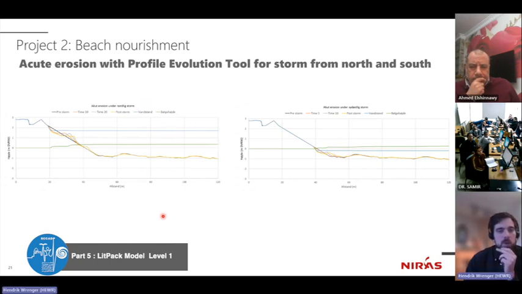And the other scope was the acute erosion with the profile evolution tool. So now we can see here in blue is the profile after establishing the beach nourishment. And here are two of these design cases. And we can see that there is a huge difference in water level for these two design cases.